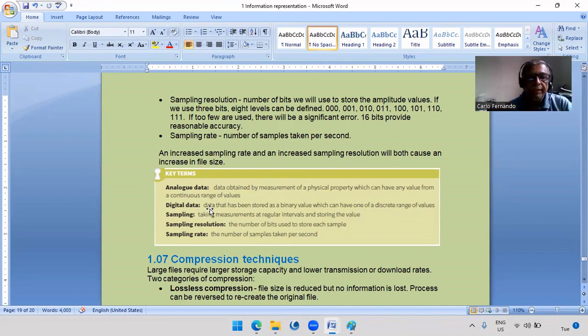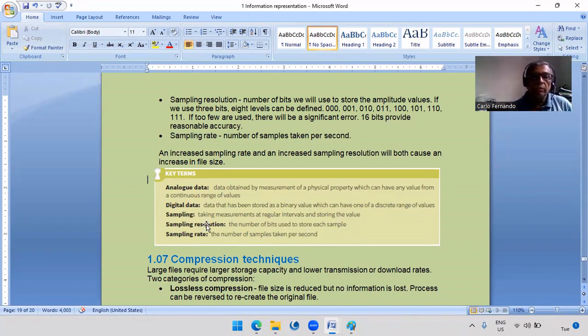And digital data is data that has been stored as a binary value, which can have one of a discrete range of values. Unlike the analog, here it's discrete. Sampling is taking measurements at regular intervals and storing the value. The sampling resolution is the number of bits used to store each sample.